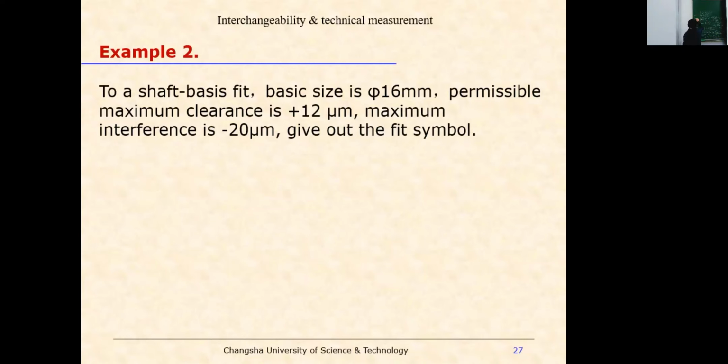The total length is 32, sorry. The same, right? Depends on. Do you understand it or not?